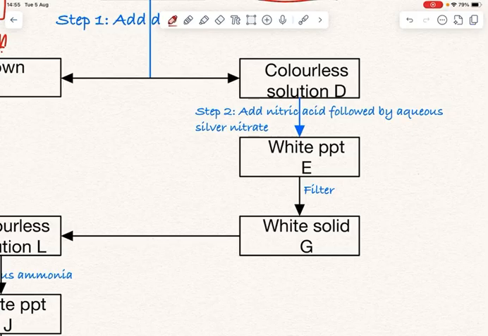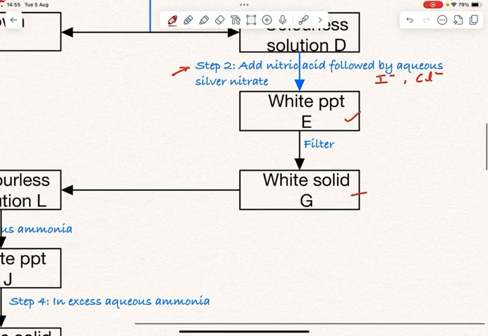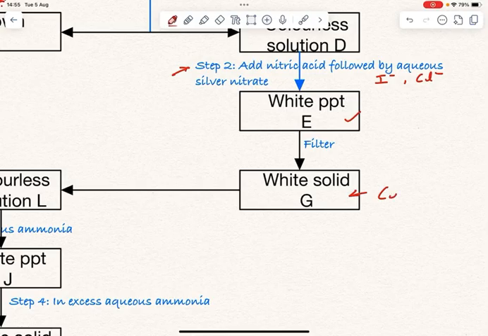Since we know it's a white precipitate, and step 2 tests for iodide or chloride, the white solid must contain Cl negative.